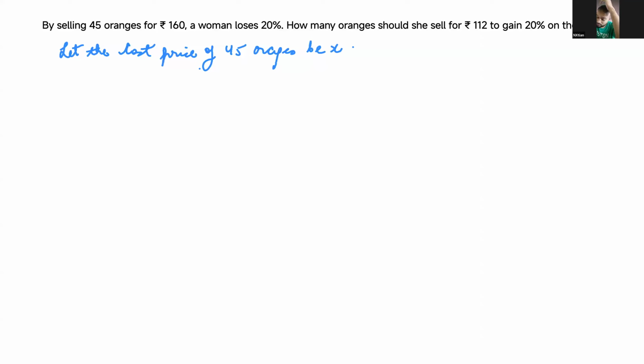So now loss percentage is equal to loss upon CP into 100.